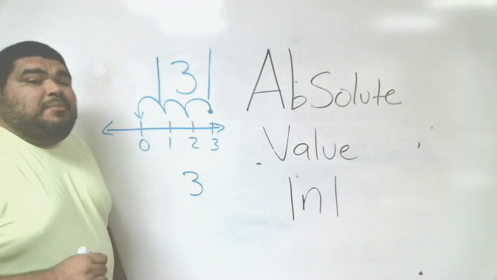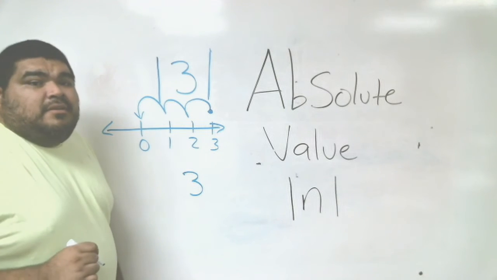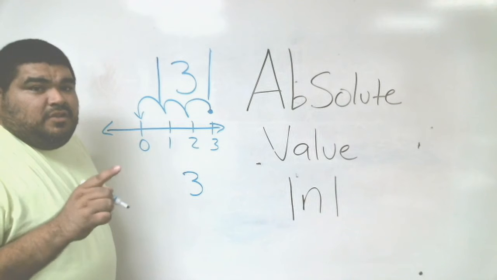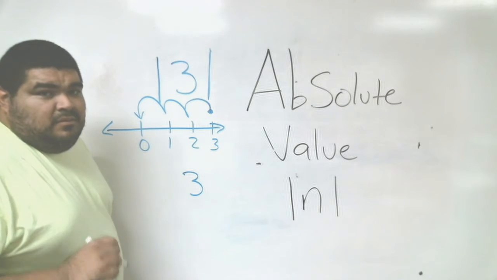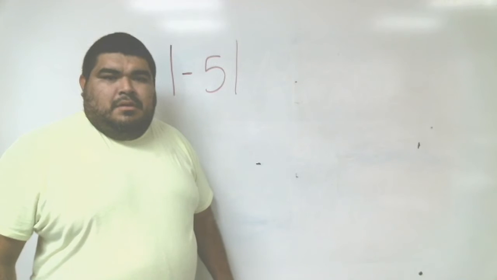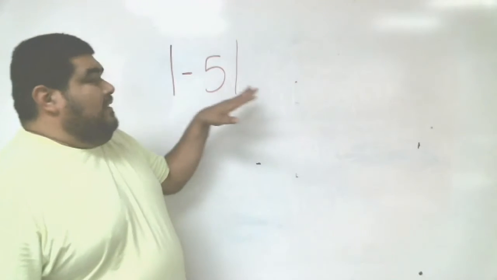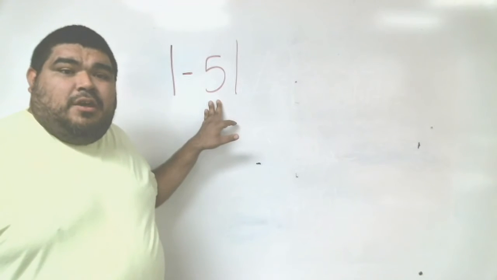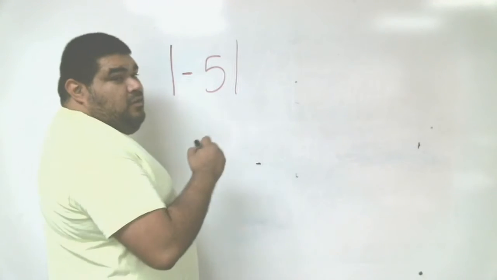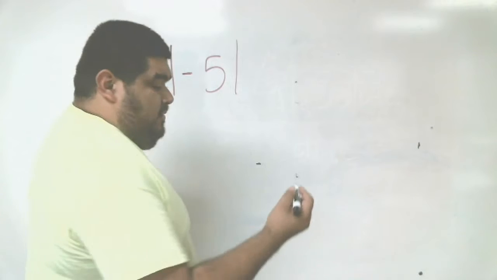The same thing happens with negative numbers. So let's try one out. All right, guys, so notice that this time we have a negative number inside the absolute value. So we're going to draw our number line again.